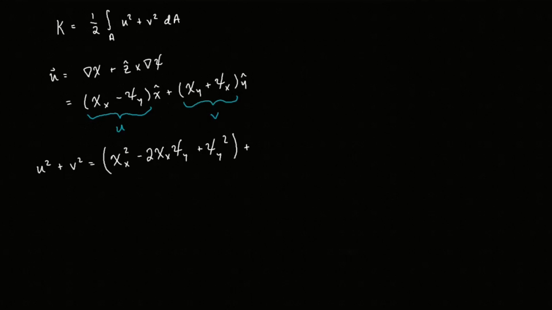And then we have v squared, it's chi y squared, 2 chi y psi x plus psi x squared. Okay, so we can combine some terms here.